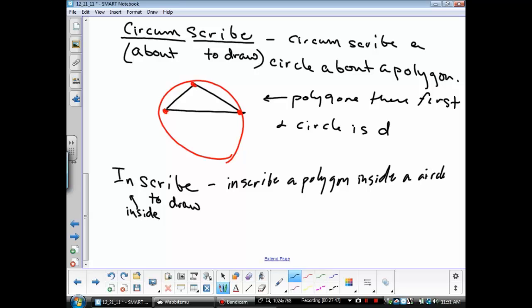Circum means around. That means the circle's outside the polygon, so to speak. Inscribe means that the polygon is going to be drawn inside the circle. So, the polygon is there first, and the circle is drawn through the vertices around the polygon.